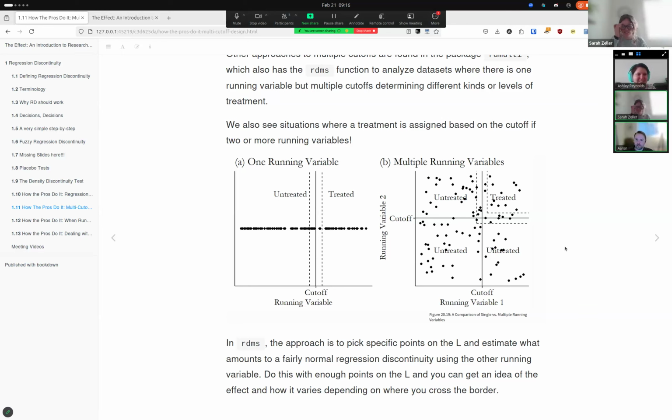I feel like the whole interpretation gets a lot more complicated as well because you have these three different groups of untreatedness. Yeah, I'm not sure. I think it is in the how the pros do it section, so the usual caveat of if this is you, you have some reading to do applies.